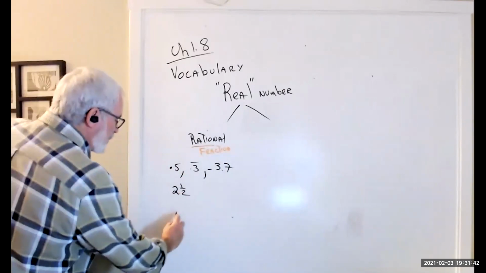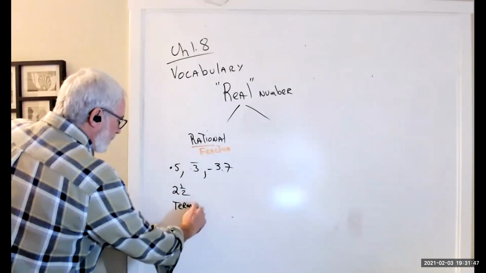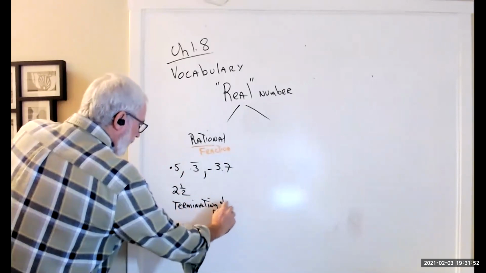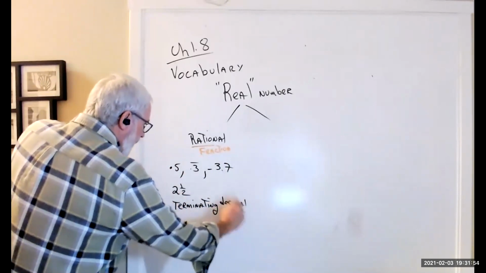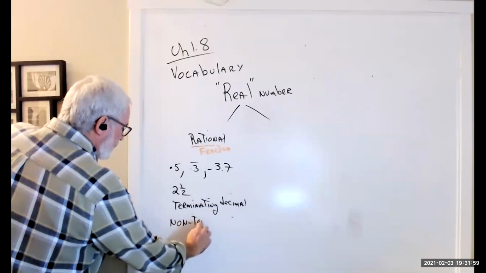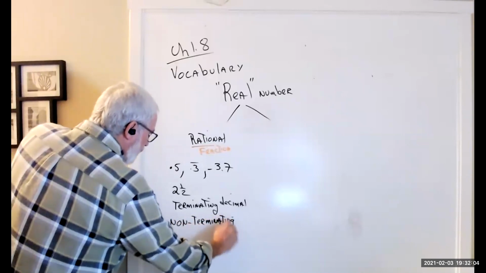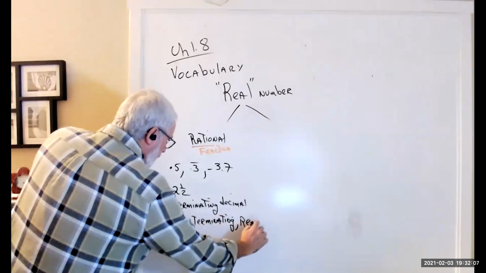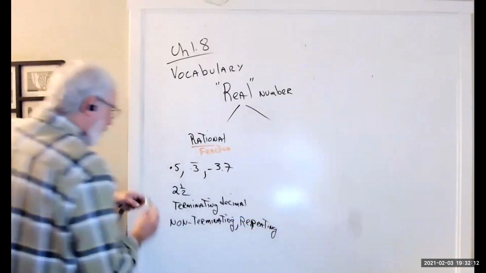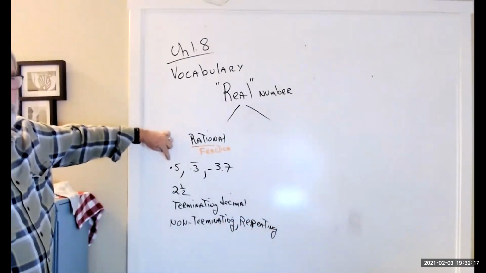And we introduced the concept of a terminating decimal, and a non-terminating but repeating decimal. So 0.5 would be considered a terminating decimal.